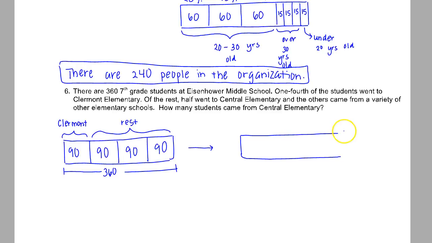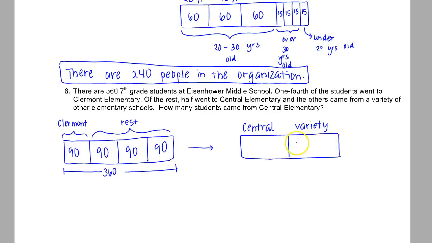So it says, of the rest, half went to Central. So I'm going to divide my new model into two parts so I can show that this half went to Central Elementary School and the others came from a variety of other elementary schools.